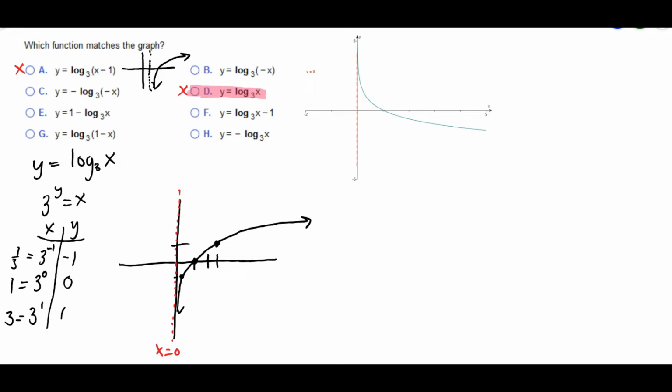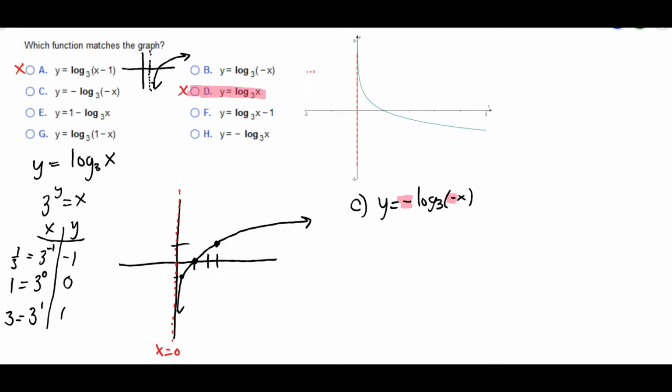Then we have answer choice C. That's y equals negative log base 3 of -x. So this negative on the outside reflects it vertically. This negative on the inside reflects it horizontally.